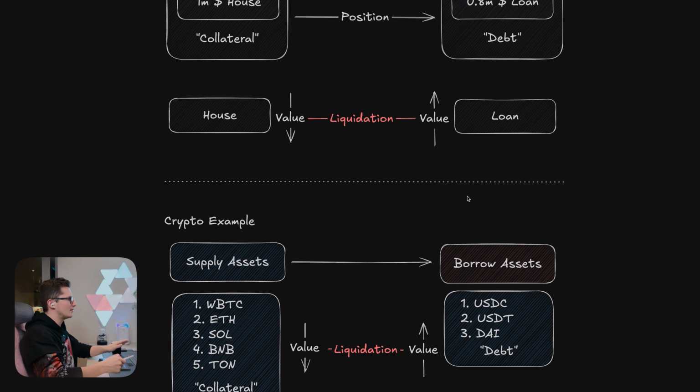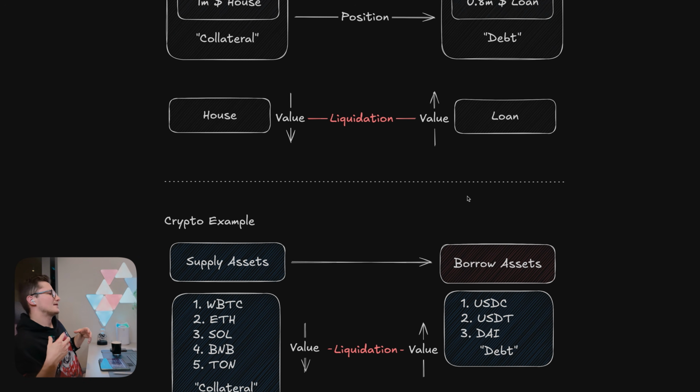The lending protocols work fully the same. People receive positive interest because they're providing assets, and the people who borrow those assets pay negative interest to the people who provide those assets.